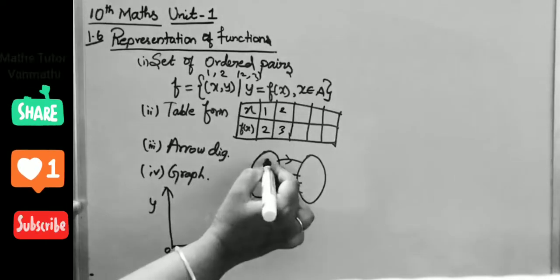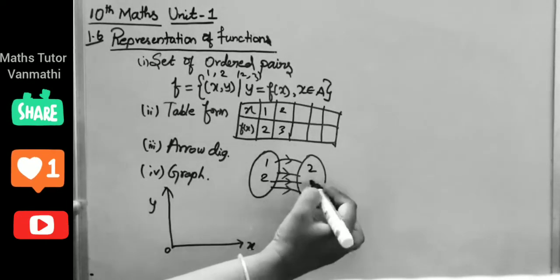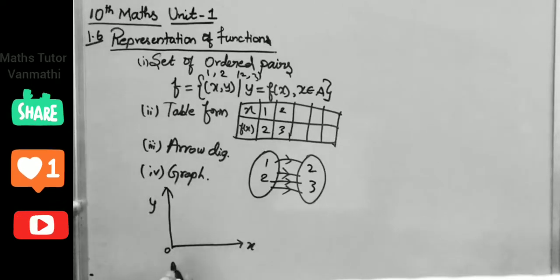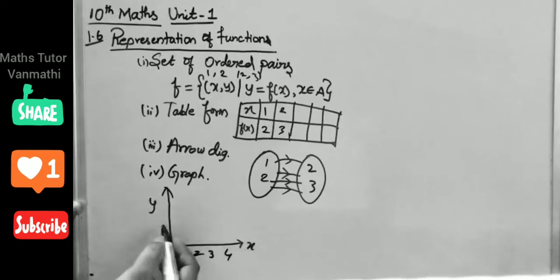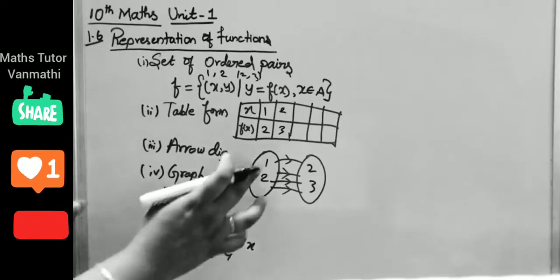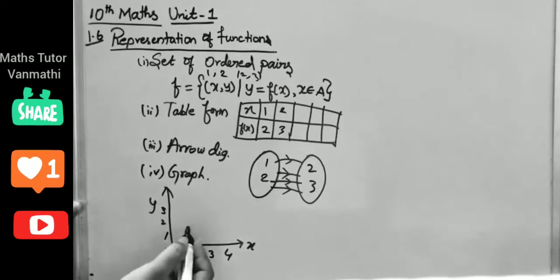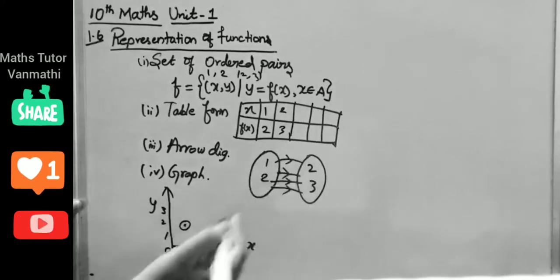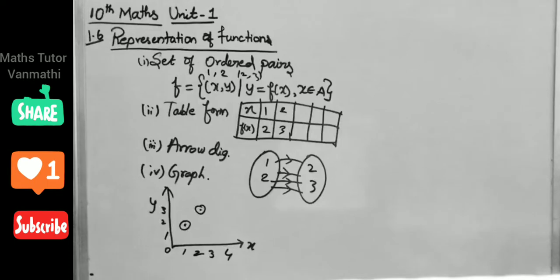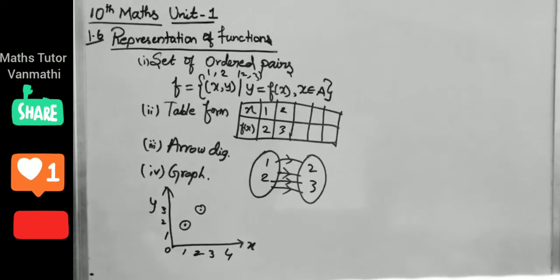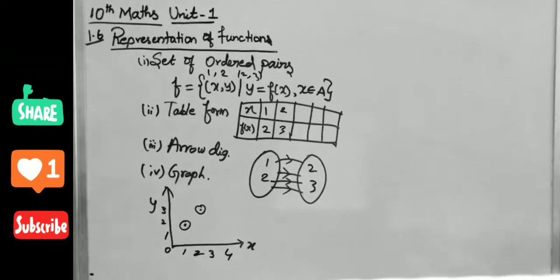Then (1, 2) is 1 and then 2, next (2, 3) is 2 then 3. Like this we represent the functions in these four types. Based on this we can see one example and one exercise problem. Next we can go on to the example problem.